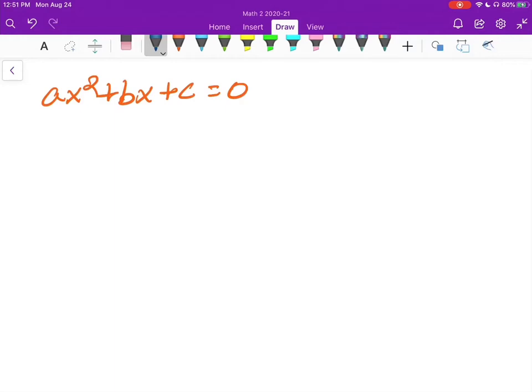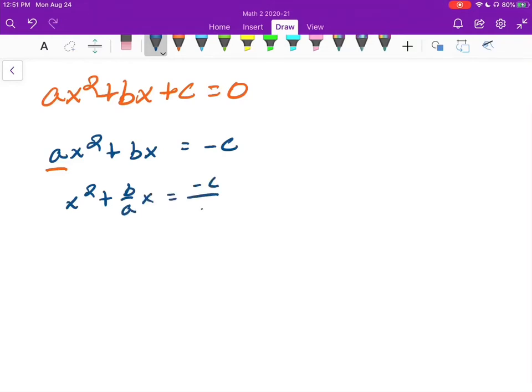We'll start off by saying ax squared plus bx equals negative c, because we moved c to the other side. Next up, we always got rid of the term in front of the x squared, so we're going to divide everything by a. So we have x squared plus b over a x equals negative c over a.